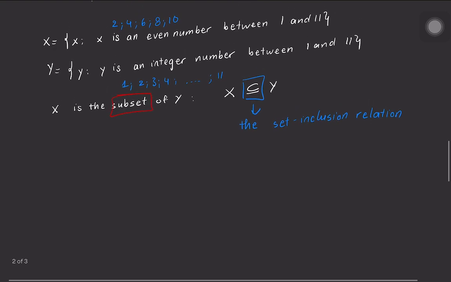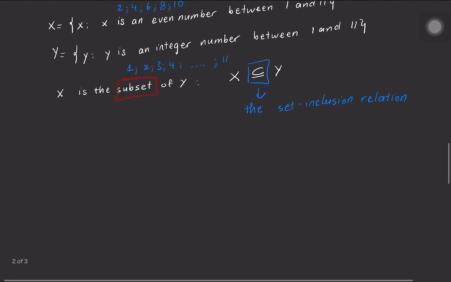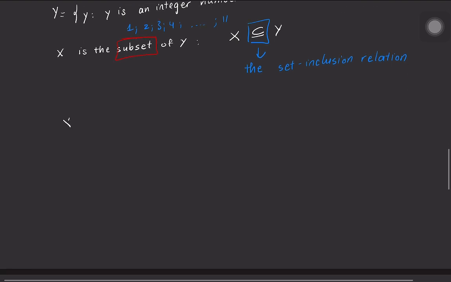We see that because X has 2, 4, 6, 8, 10, Y also has 2, 4, 6, 8, 10, but Y has 1, 3, 5 and so on, and X doesn't have those. So we can say X is a proper subset of Y.